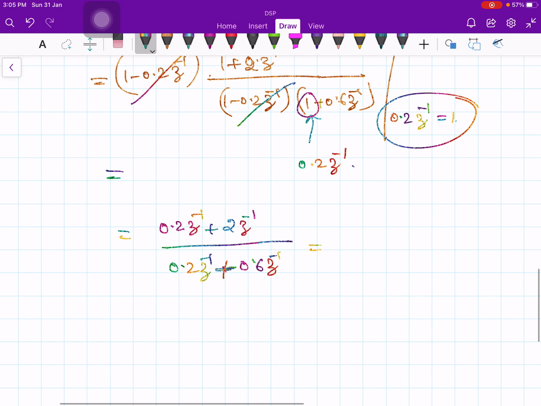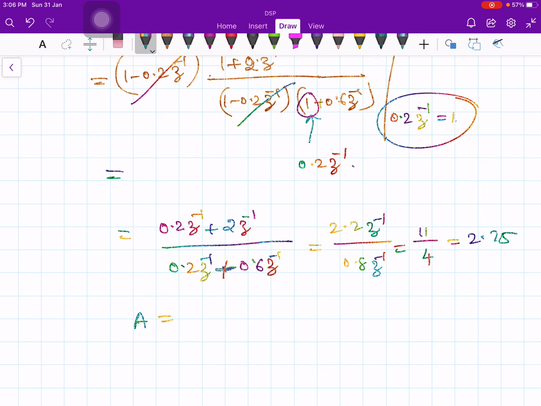Okay, fine. Now 2.2 z inverse divided by 0.8 z inverse. So this is 11 by 4, and 11 by 4 is 2.75. So A value is 2.75. Similarly, you can find B, and that B value straight away I'll write down the answer here, minus 1.75.